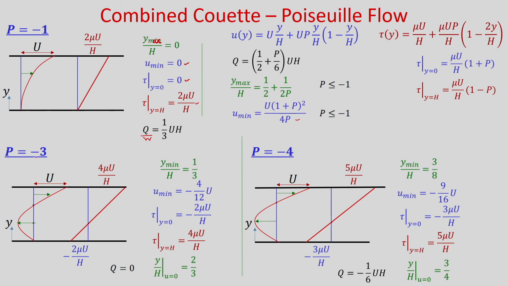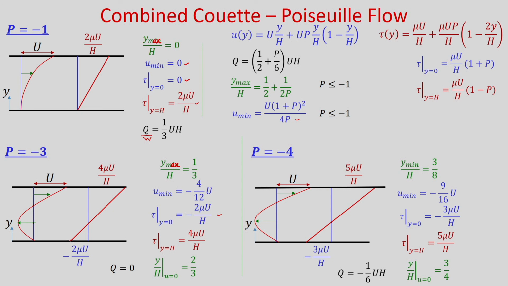Now, if you consider P is equal to minus 3, then y max by h you will get 1 by 3, u minimum you will get minus 4 by 12 U, at the bottom plate you will get the shear stress minus twice mu U by h, and at the upper plate tau you will get 4 mu U by h.